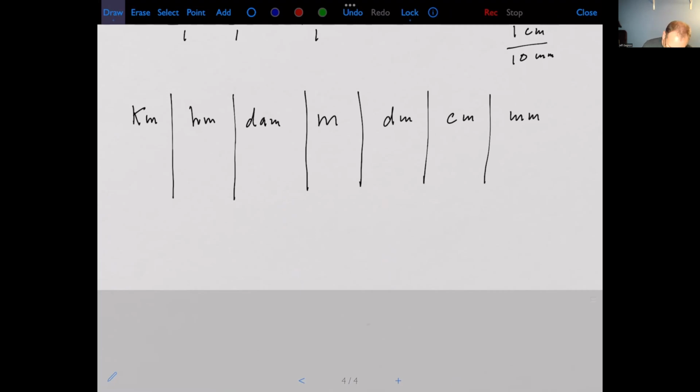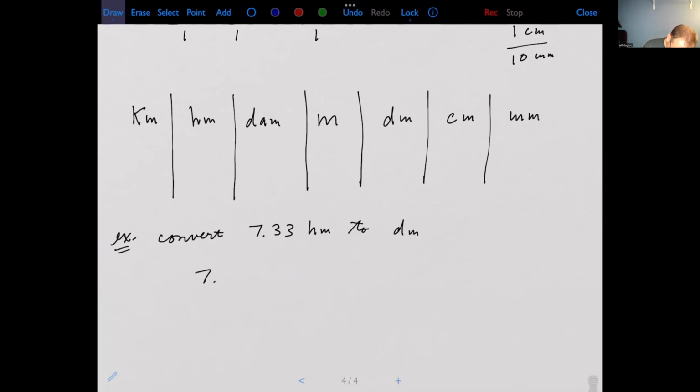Okay, so now let's do another example. Convert 7.33 hectometers to decimeters. So I start with 7.33 hectometers, and I want to end up with the units in decimeters.